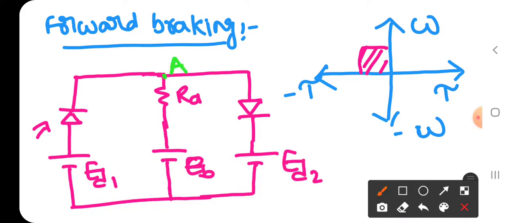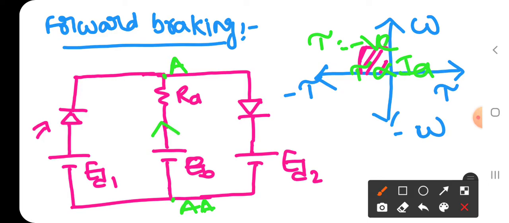So how is armature current flowing? This is A and here it is AA. As torque is negative, and torque is directly proportional to armature current, hence armature current is also negative. That means it flows from AA to A like this.